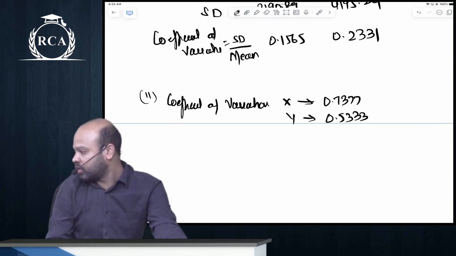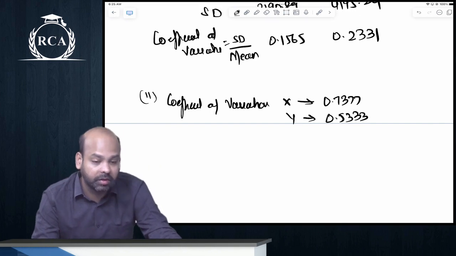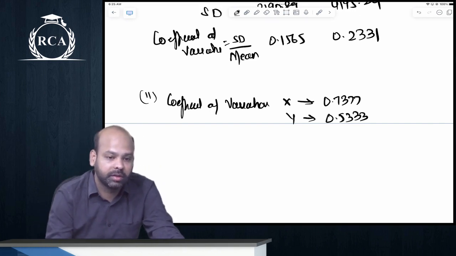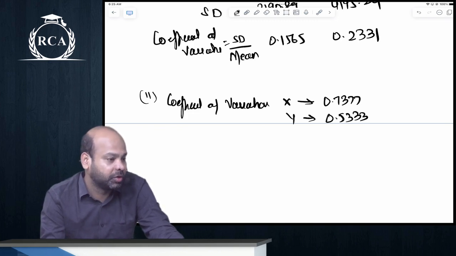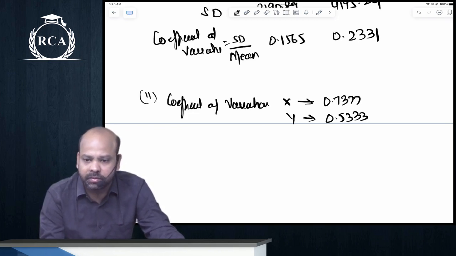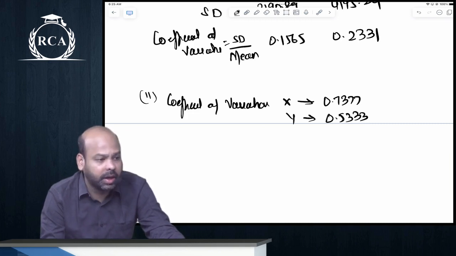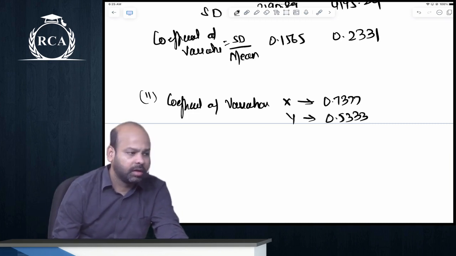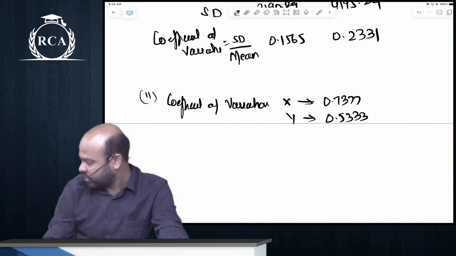Standard deviation is an absolute measure of risk, and hence we cannot compare standard deviation of multiple projects.